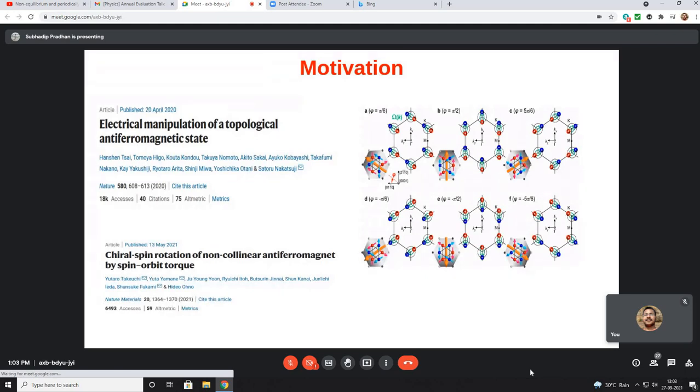So is this other effect going to screw up the motivation? Yes, you changed your core spins, but in the process you induce something else in the transport also. So does that change the physics of the problem? That is the question.